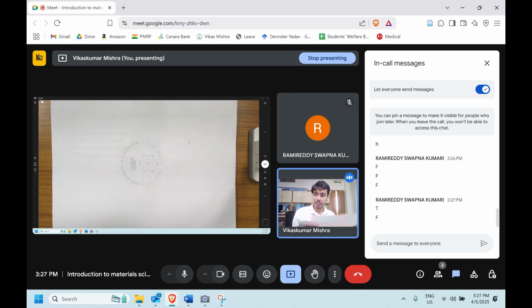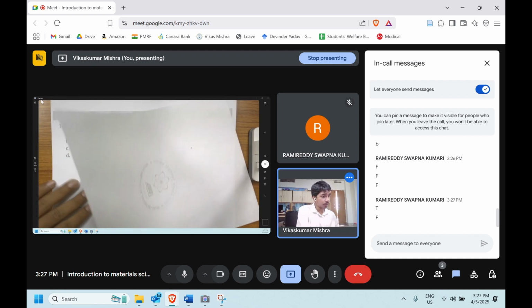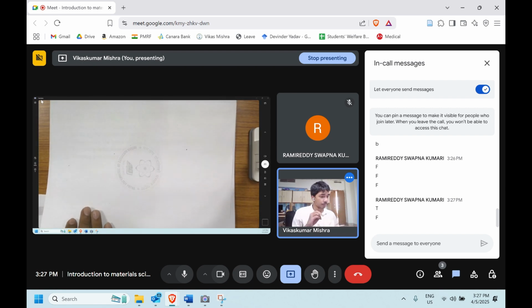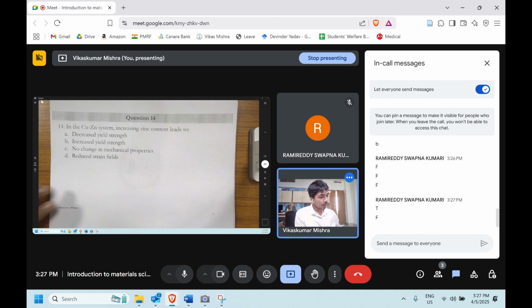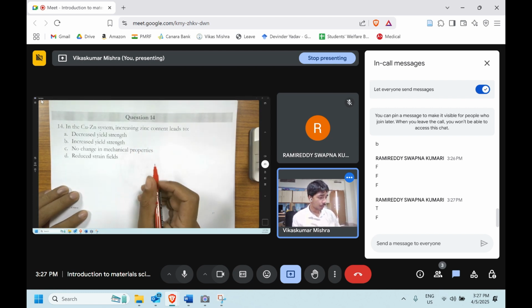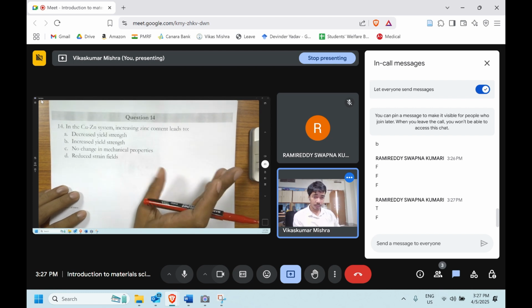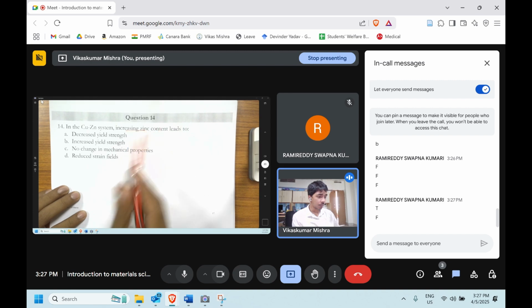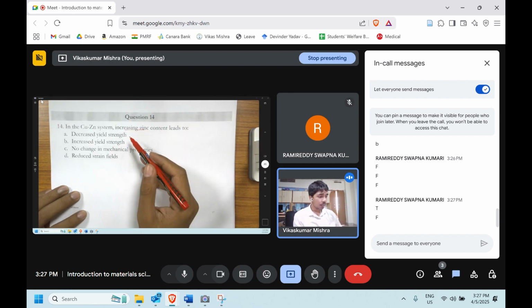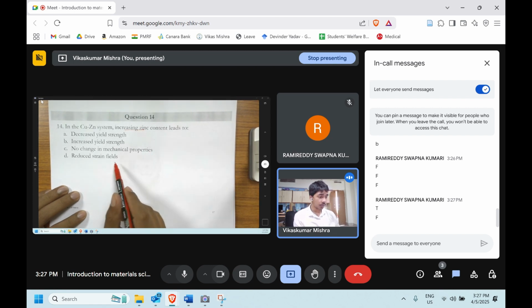Let's move ahead to question number 14. In the copper-zinc system, increasing zinc content. So we have pure copper with us. Now we are adding zinc to it. If we are increasing the zinc content, what is going to happen? Yield strength will decrease, increase in the yield strength, no change in mechanical properties, or reduced strain field.